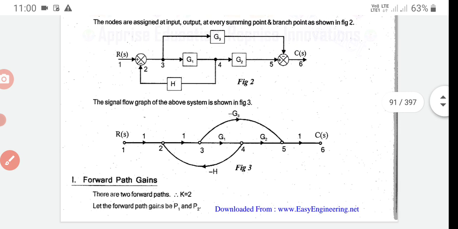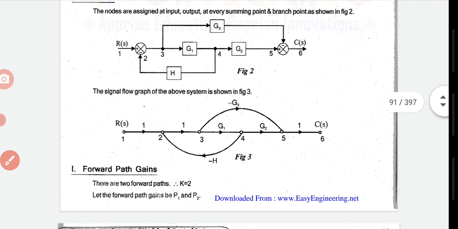After representation of the nodal points, now we have to draw the signal flow graph. All the nodal points should be represented with a small circle. So we have 6 nodes, which means 6 small circles. Between the first node and second node, is there any value? See here.